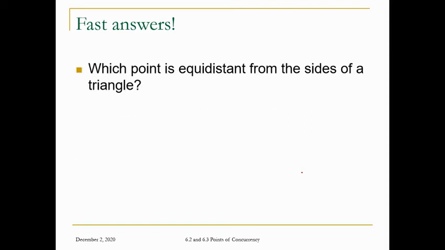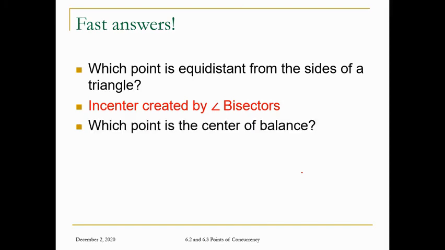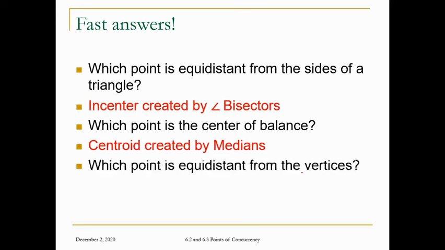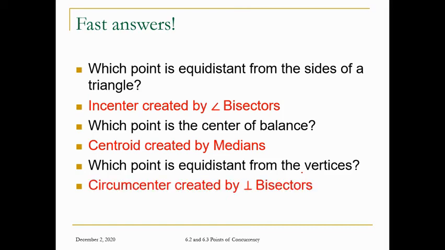Which point is equal distance from the sides of the triangle? The incenter, and it is created by your angle bisectors. Which point is the center of balance? Centroid, which is created by the medians. Which point is equal distance from the vertices? Your circumcenter, which is created by perpendicular bisectors.